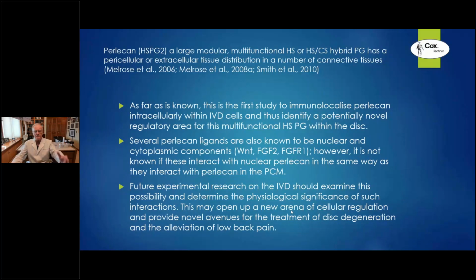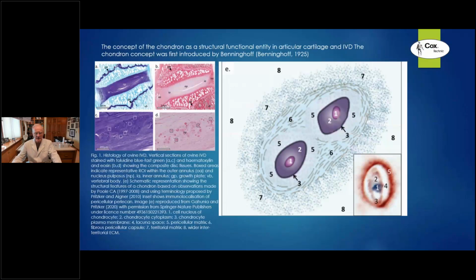But this paper points out the use of heparan sulfate in the study of the cellular changes of the intervertebral disc. It talks about a new arena of cellular regulation, providing avenues of treatment of disc degeneration and the elimination of low back pain. Yes, you'll read in here about the chondron.